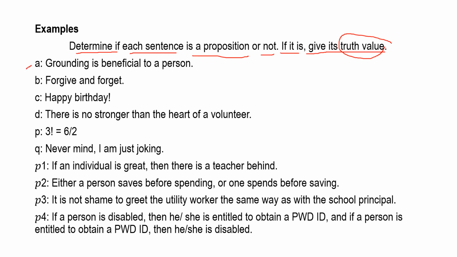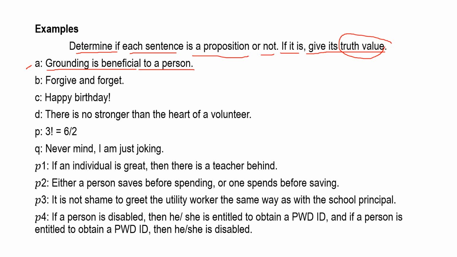For number one, or letter A, as the first example: grounding is beneficial to a person. Is it a proposition or not? As you can see, it is a declarative sentence that may be either true or false. At first, we don't know if this declarative sentence is a true or false statement.